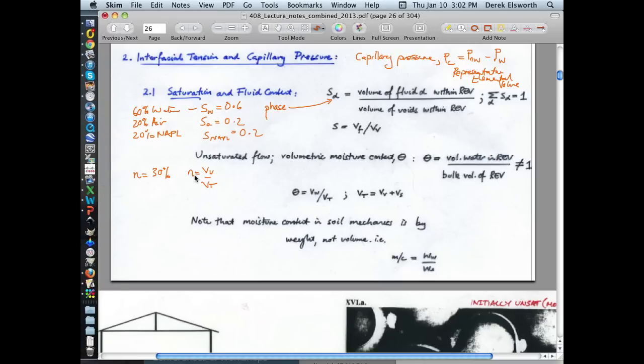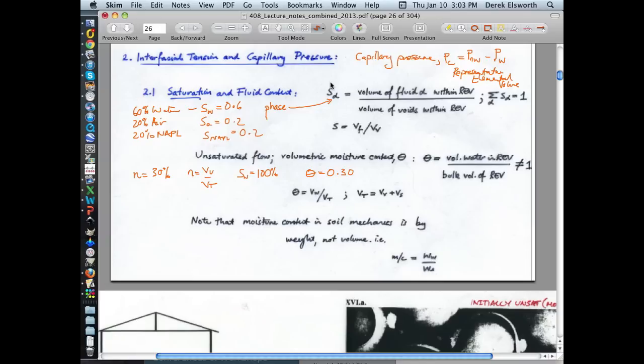Then if the porosity is 30%, and it's 100% saturated with water, then the volumetric moisture content would be 30%, right? Because the void volume is 30%. 100% of that void volume is filled with water. So 30% of the total volume is water-filled relative to the total. Right? And so you need to be aware of those different terminologies.